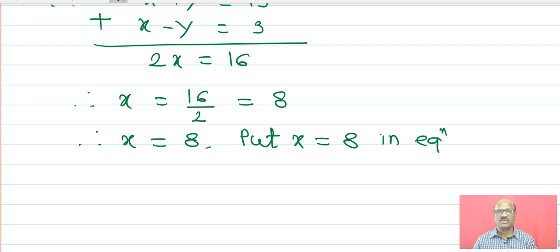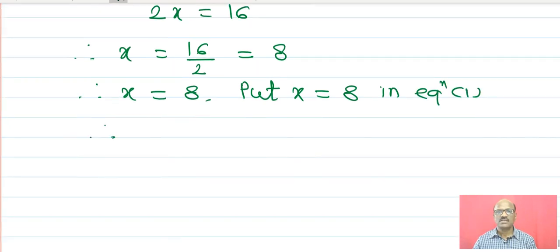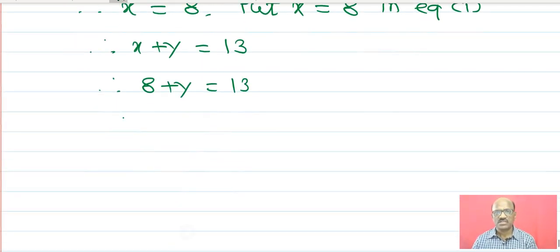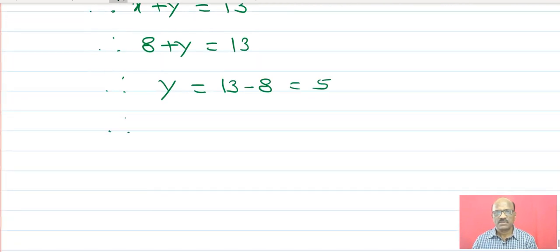Now put x is equals to 8 in equation number 1. Therefore we will get x plus y is equals to 13, 8 plus y is equals to 13. Therefore y is equals to 13 minus 8. Therefore y is equals to 5.